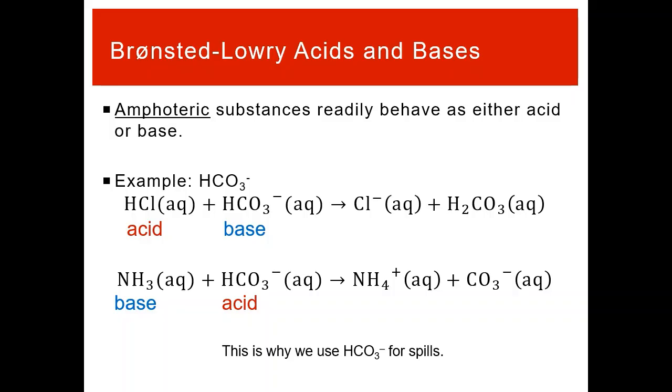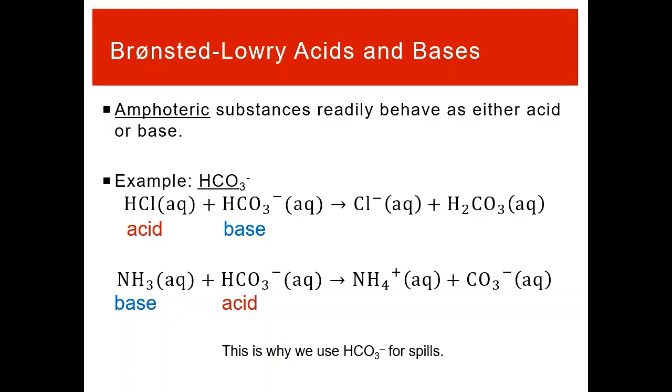One important thing about Brønsted-Lowry descriptions is that a molecule can behave as either an acid or a base depending on the context. In Arrhenius definitions, you're linked to water, just what does it do to water? It's a binary, it's either an acid or a base. But here we can see something like HCO3⁻, bicarbonate.